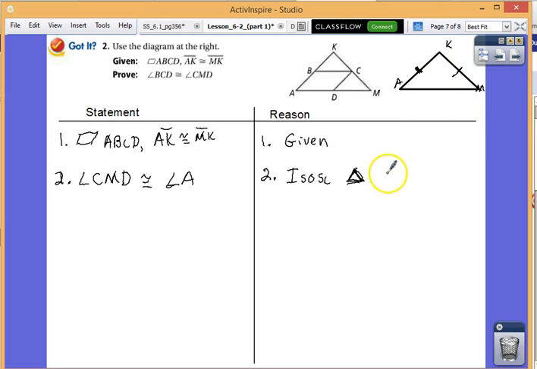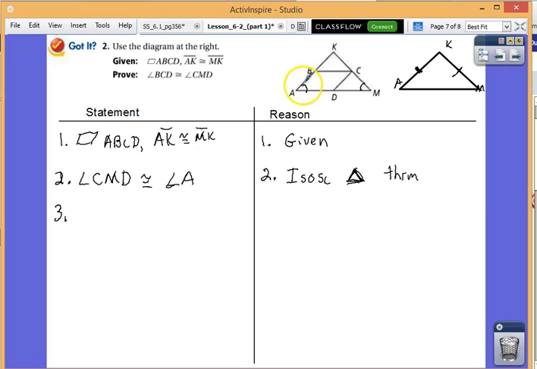All right. So now we've got basically this angle congruent to this angle. What I'm going for is this angle congruent to that angle. So I think now I need to start talking about what a parallelogram is.